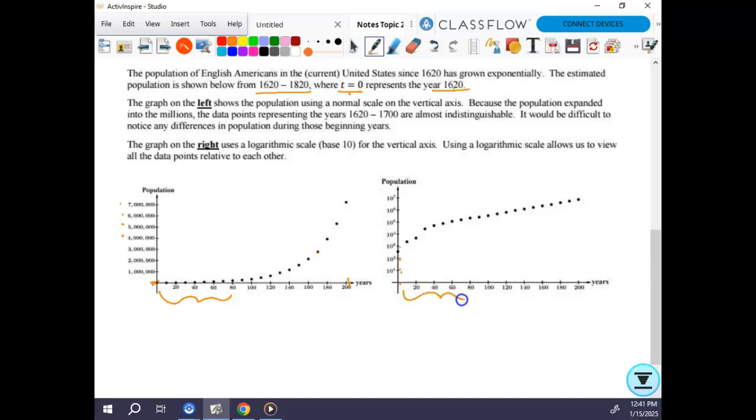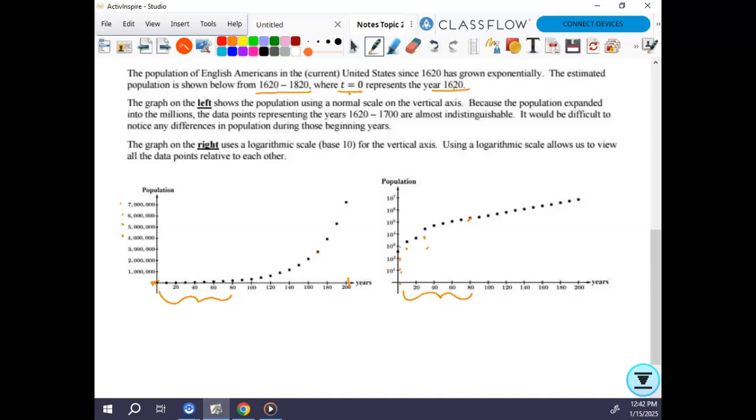When you look at the first 80 years, you can see that there actually was a great amount of change. Not only that, but there were huge changes here and here, right? And then the changes started going pretty much, you know, doubling or whatever was happening with your exponential. But by doing a logarithmic scale, you can see the early data a little bit better, and you can see what's going on with the later data.